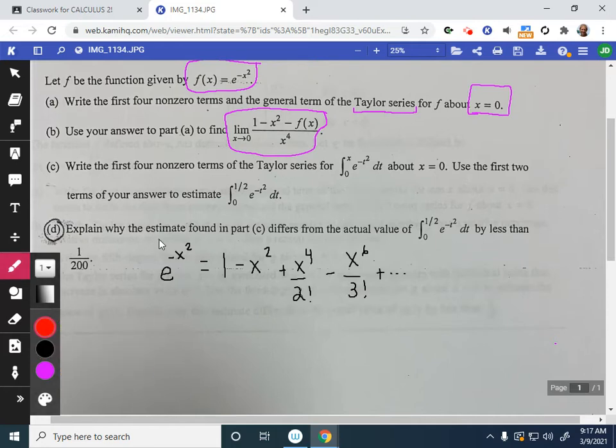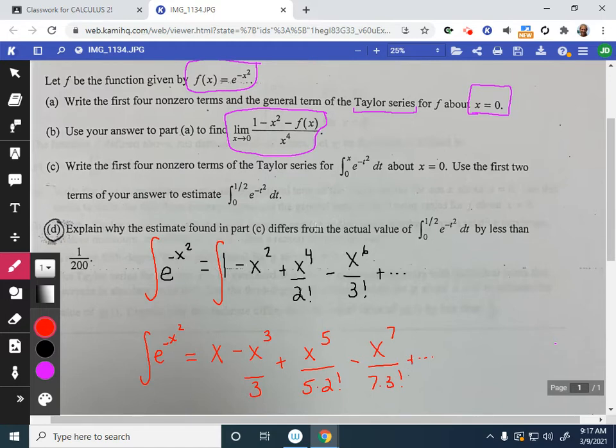Okay, well, I can integrate both sides so that the integral of e to the negative x squared is equal to, let's integrate each term. The integral of 1 is x. The integral of this is x to the 3rd over 3. The integral of this is x to the 5th over 5 times 2 factorial. X to the 7th over 7 times 3 factorial.